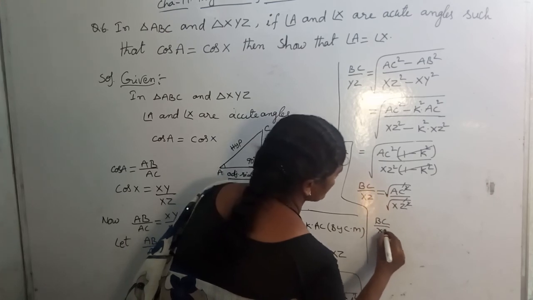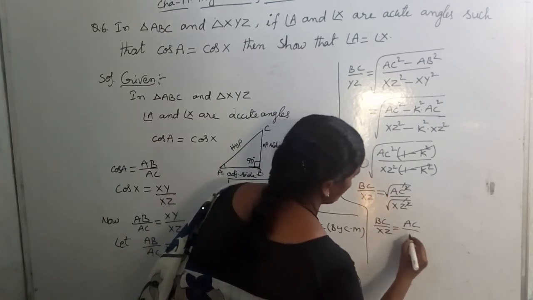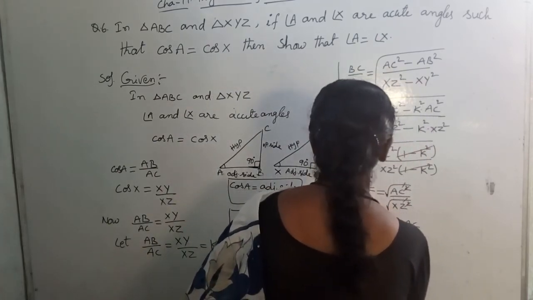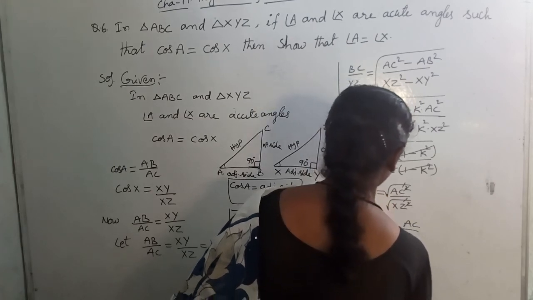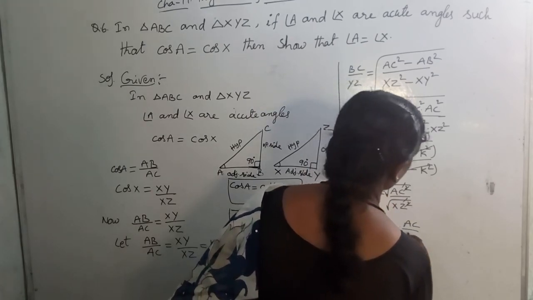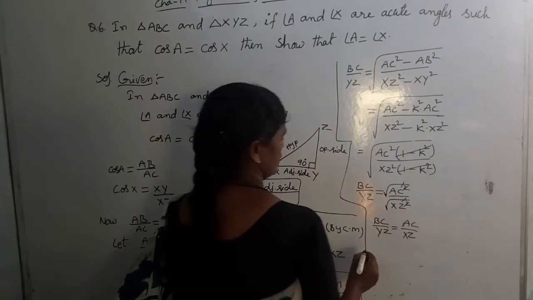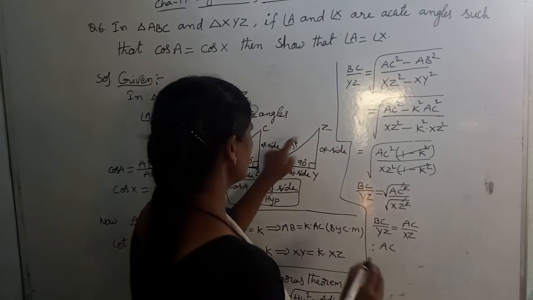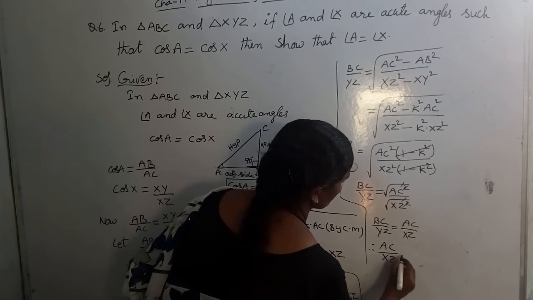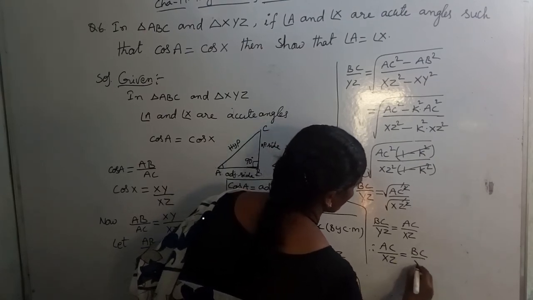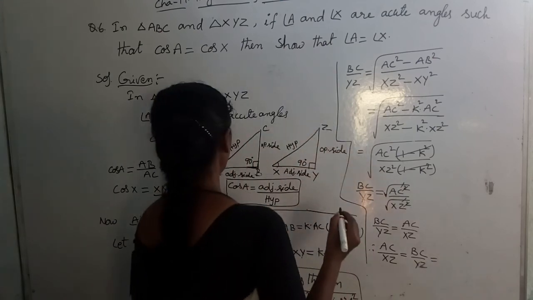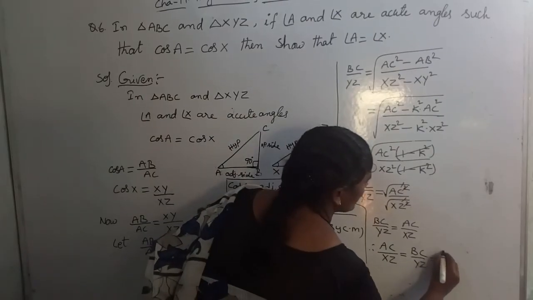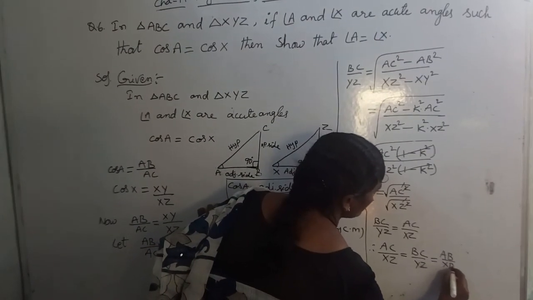BC by YZ is equal to AC by XZ. Therefore, AC by XZ is equal to BC by YZ is equal to AB by XY.